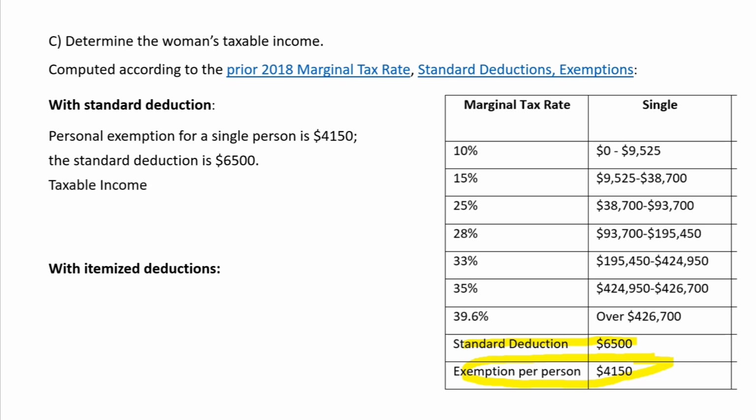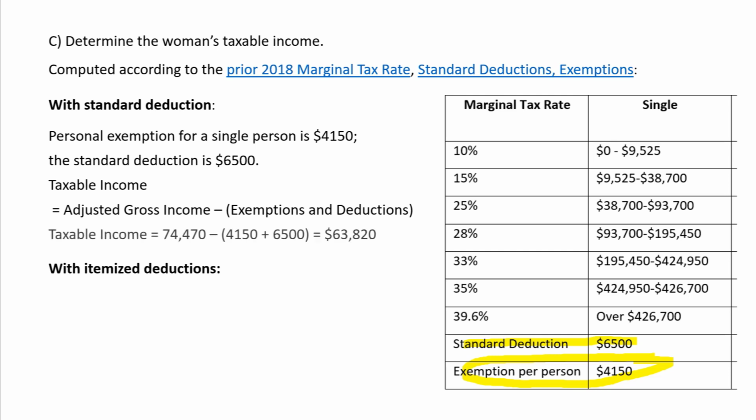And your taxable income is computed as the adjusted gross income minus the sum of your exemptions and deductions, which would be $74,470 minus the personal exemption of $4,150 plus the standard deduction of $6,500, which lowers her taxable income to $63,820.